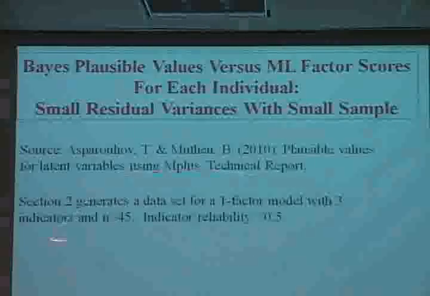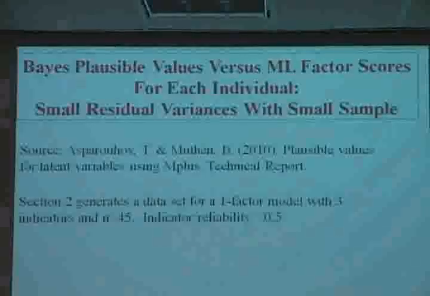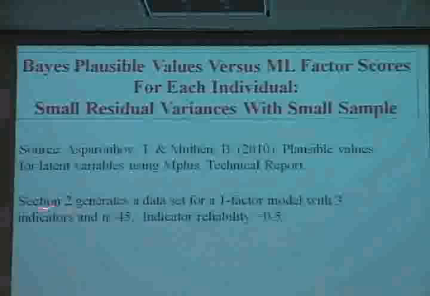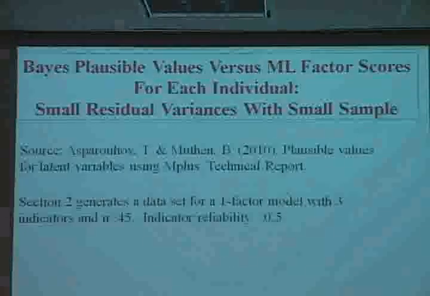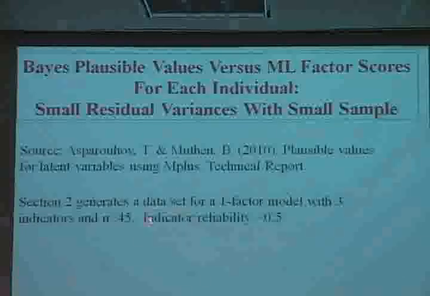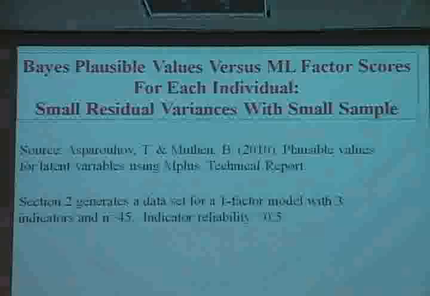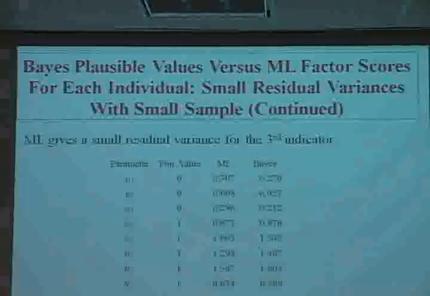We're going to look at this simulated data set: a one factor model with 3 indicators and a small sample size, 45 observations, with indicator reliability of 0.5. That example is on our website too, if you want to look at it more carefully. We estimate this with the ML estimator and also the Bayes estimator.